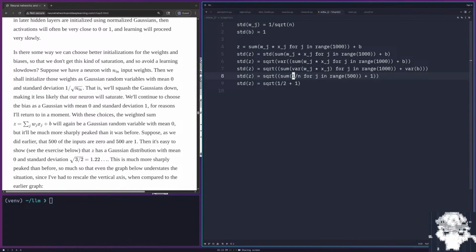You've got 1 over n is 1,000, 500 times, so that's 1/2. So here's your square root of 3 over 2. Okay, that was tough. That was harder than I thought it would be.